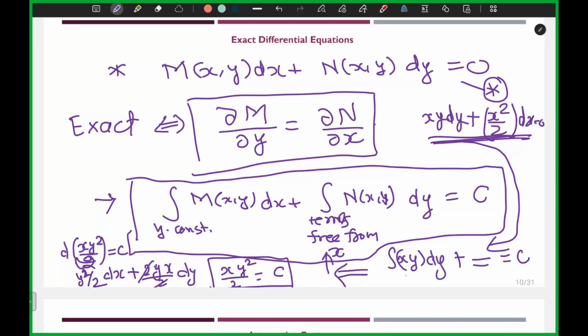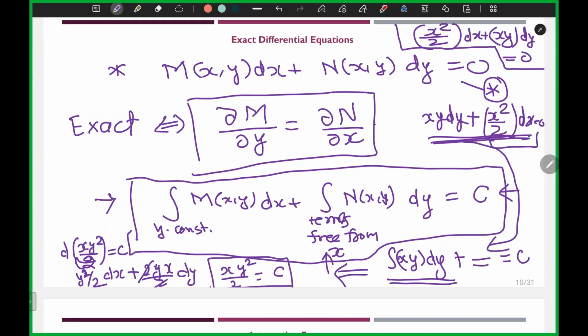Anyone can find the error here? I made a mistake. Can anyone see where? You took the x square by 2. We have taken this term at the back, and we have processed the whole thing like this. So first we have to take x square by 2 dx plus xy dy equals, and now we have to use this formula.